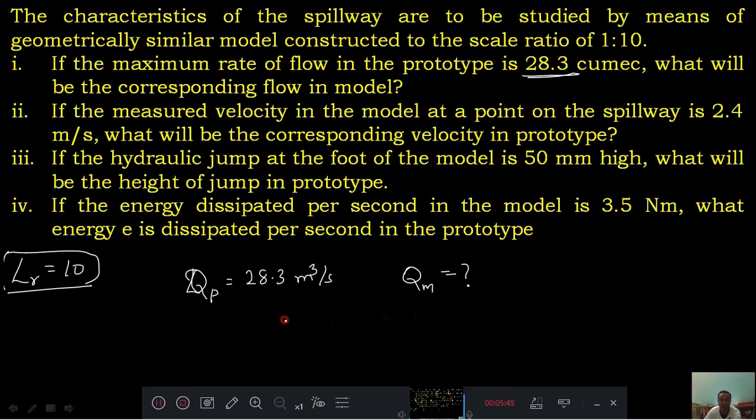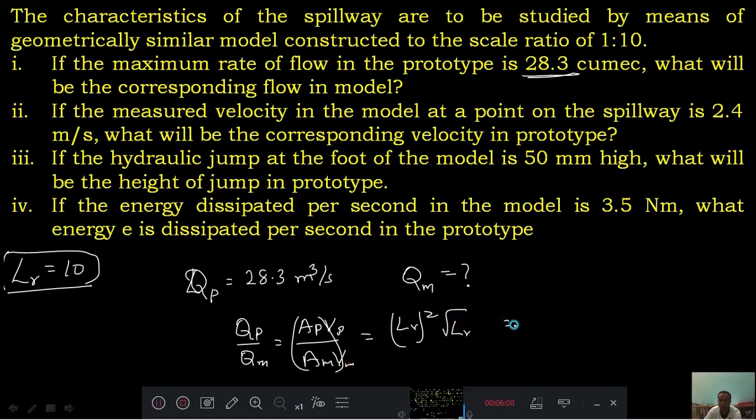First one we will solve here only, then we'll go ahead. Then QP by QM is equal to AP VP divided by AM VM. That is LR square, since AP by AM is LR square, and VP by VM is root LR. Therefore LR raised to 2.5. LR is 10, so 10 raised to 2.5. See how I am doing it here. QP by QM is equal to 10 raised to 2.5.